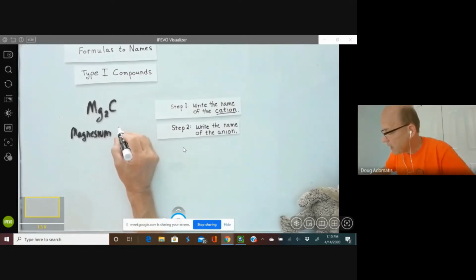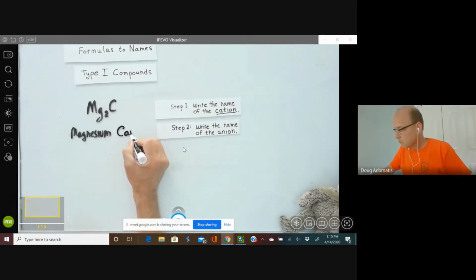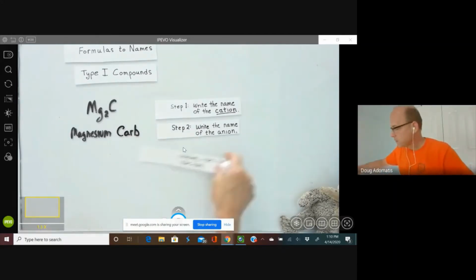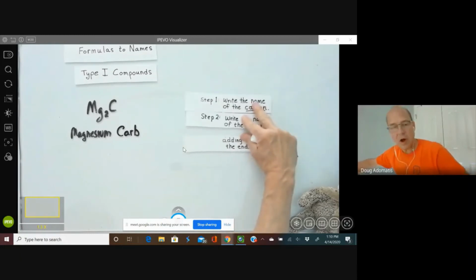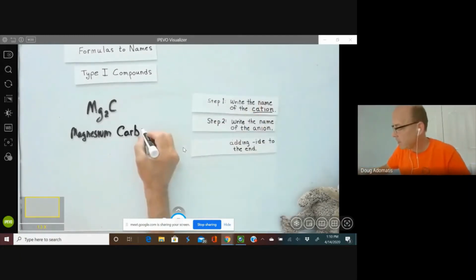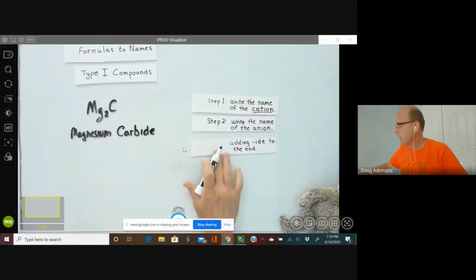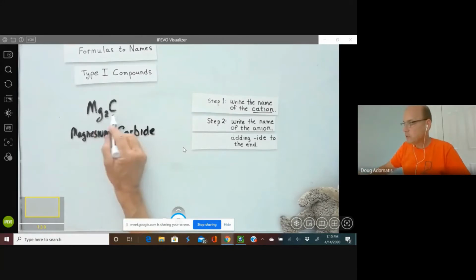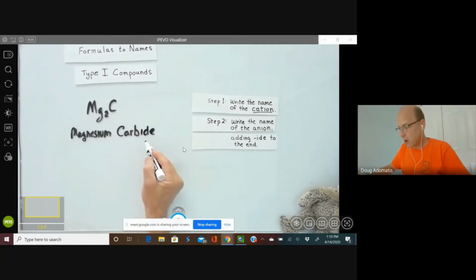It is our anion, so we are just going to write carbon, but it doesn't sound right if we say magnesium carbon, so we say magnesium carbide. So we add the -ide ending to the end. So Mg2C, the name of that formula is magnesium carbide.